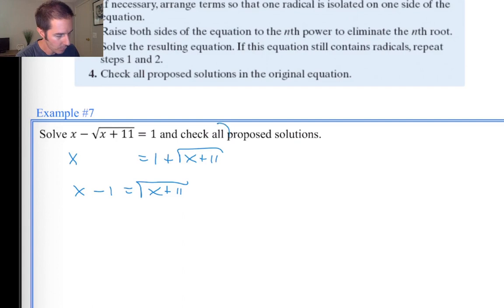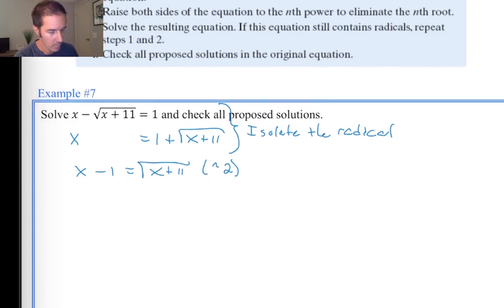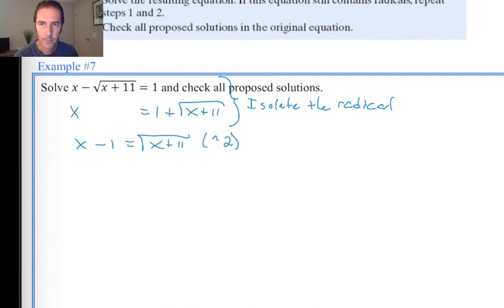So these 2 steps, we did those in order to isolate the radical or isolate the square root. Now we're going to get rid of that square root symbol by raising both sides to the second power, in other words, squaring both sides.